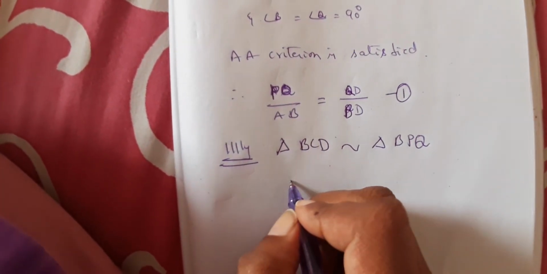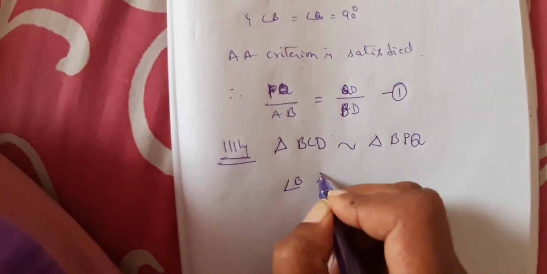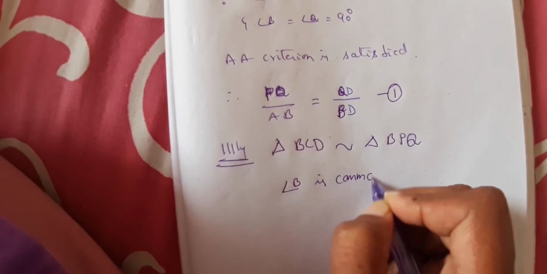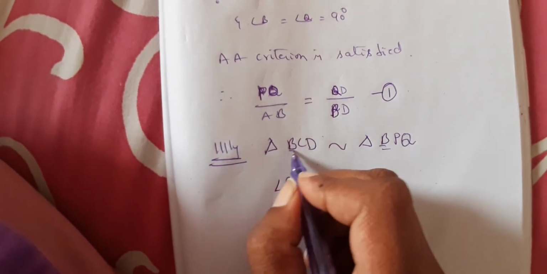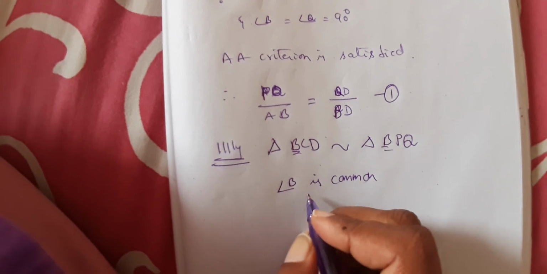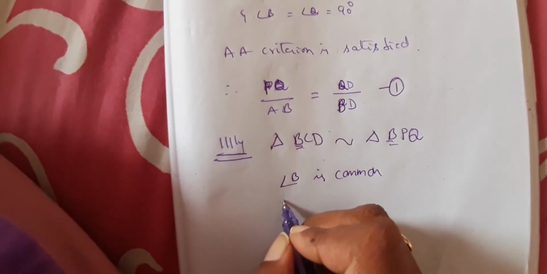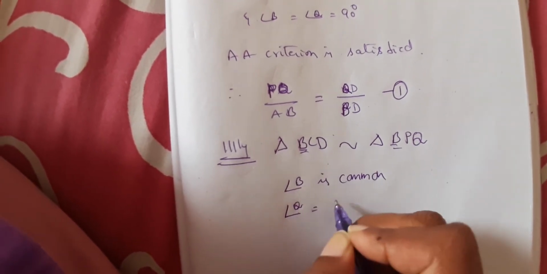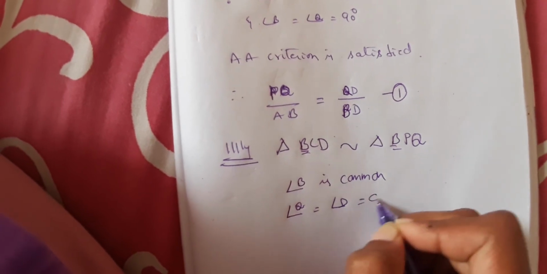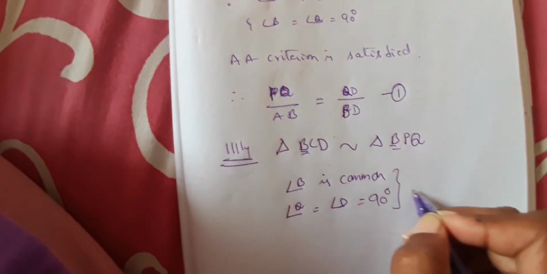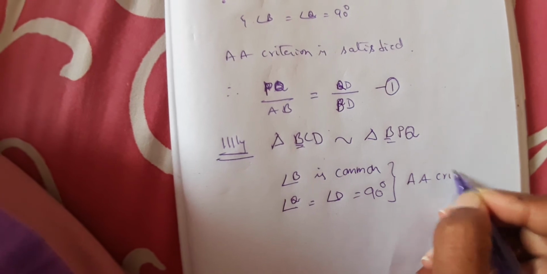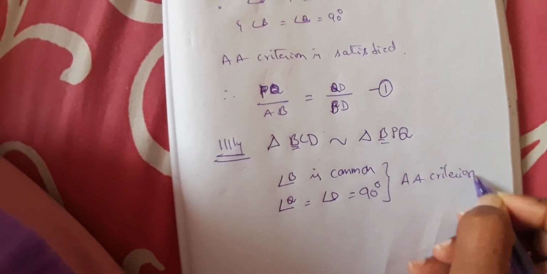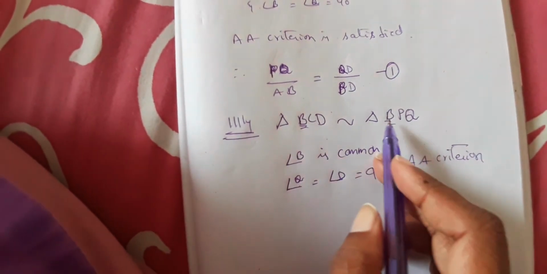Because again angle B is common. This is a common angle for both the triangles. You can see that. And then angle Q is equal to angle D is equal to 90 degrees. Therefore, AA criterion. Hence we can say that these two are similar.